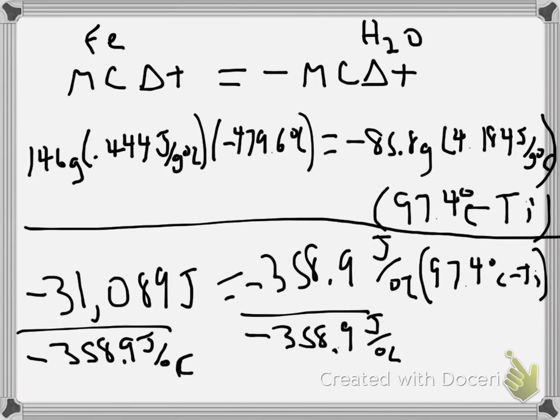And so, simplified, that's negative 31,089 joules equals negative 358.9 joules per degrees Celsius times 97.4 degrees Celsius minus Ti. And so you're going to divide both sides by negative 358.9 joules over degrees Celsius, because you see the grams cancel out. And also by dividing that, the joules will cancel out.